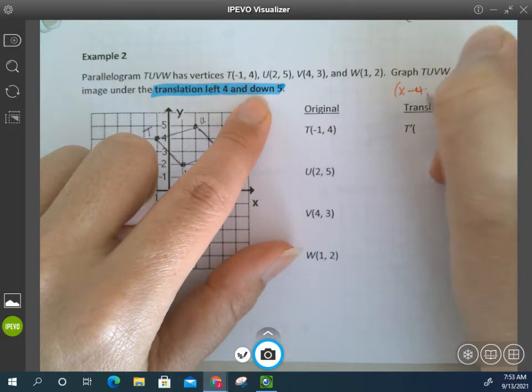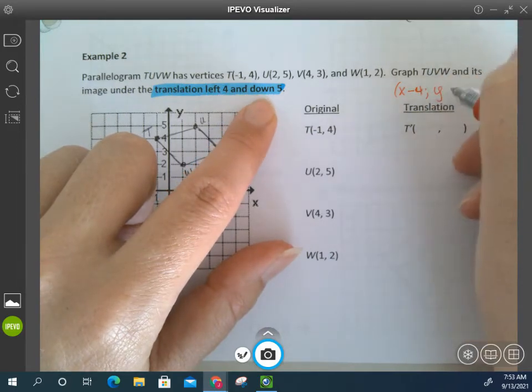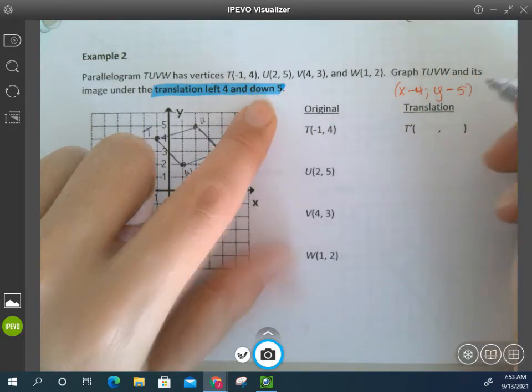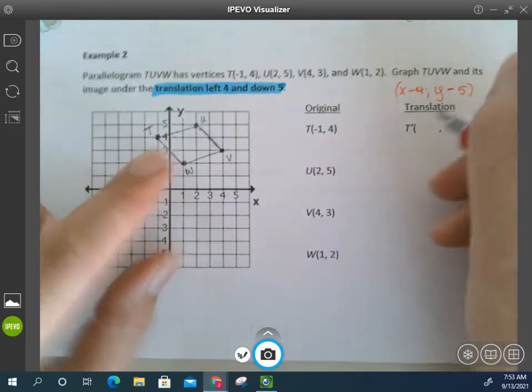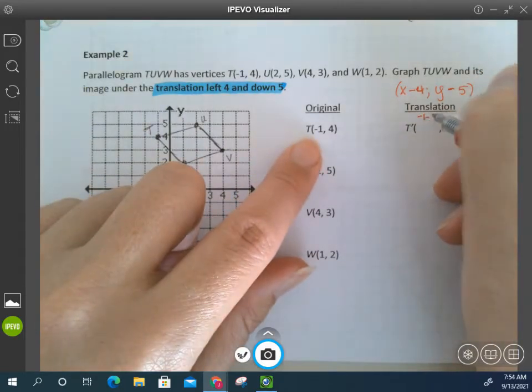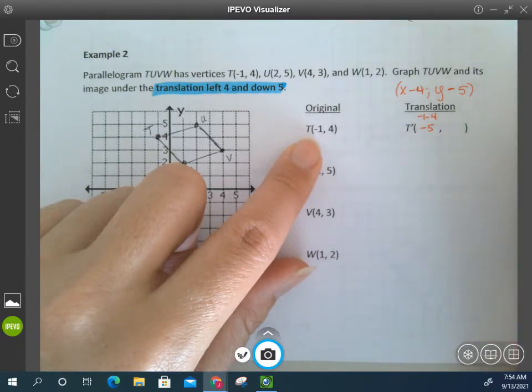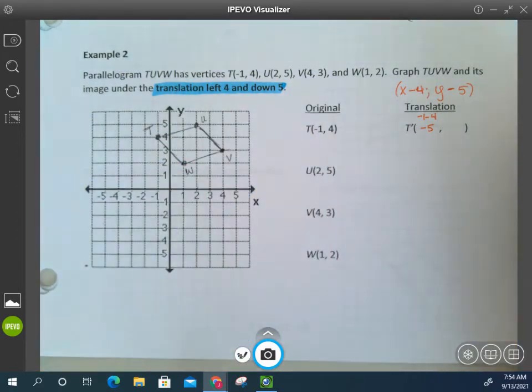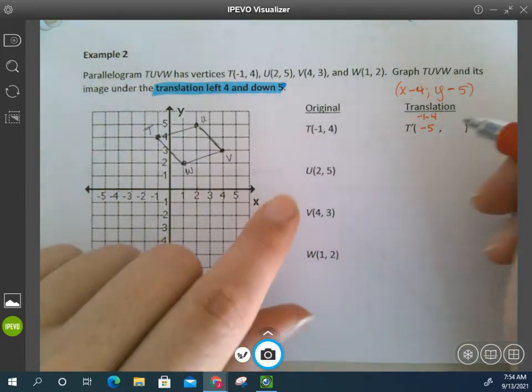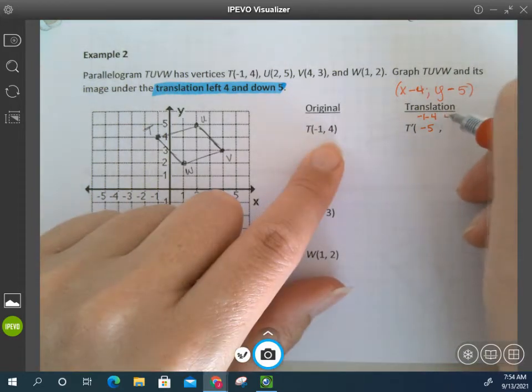So X -4, and then the Y value is going to be -5. Okay, so if I'm at T, -1 minus 4, I should be at -5. And then the Y value is 4 minus 5, I should be at -1.